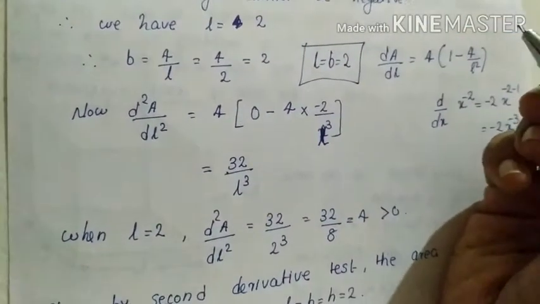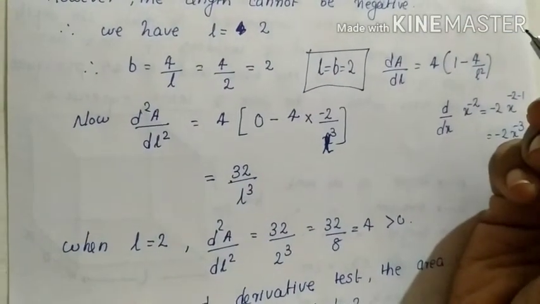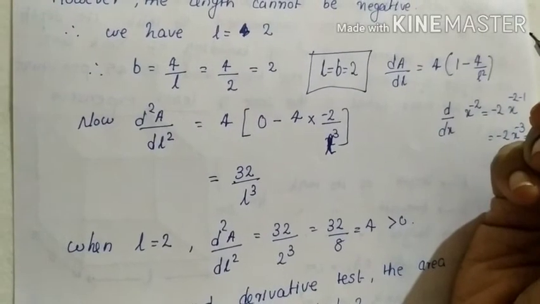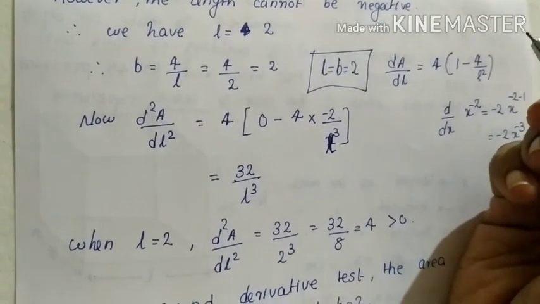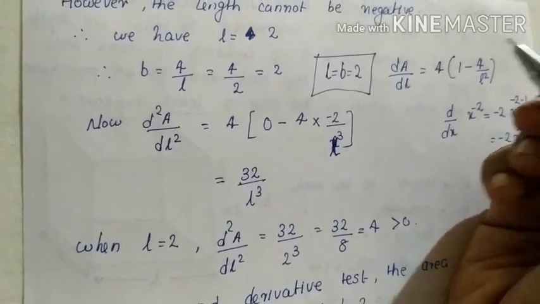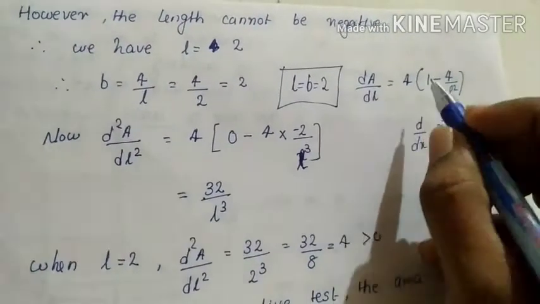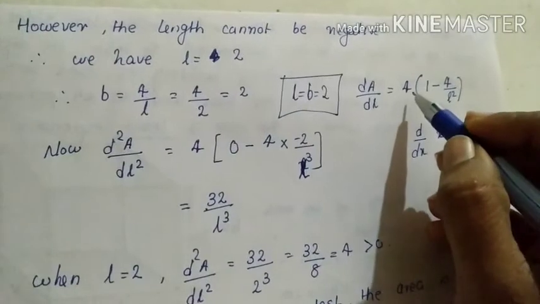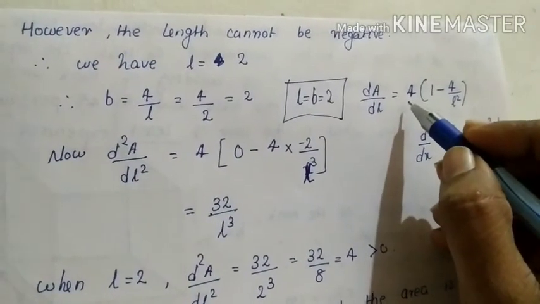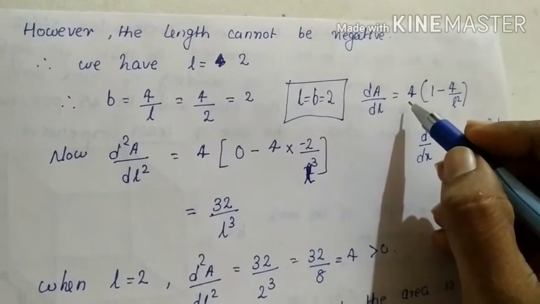Next, by using the second derivative test, we need to find the second derivative of area, d square A by dL square. So this is our dA by dL. Next, I am going to differentiate it with respect to L on both sides.